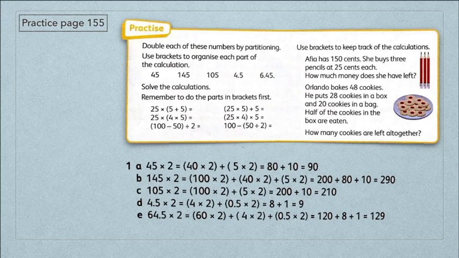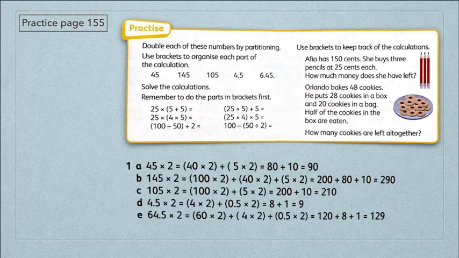C, 105 times 2. It'll be 100 times 2 plus 5 times 2. So 200 plus 10, 210. D, 4.5 times 2. The first bracket is going to be 4 times 2 plus the second bracket is going to be 0.5 times 2, which is going to make 8 plus 1, 9.